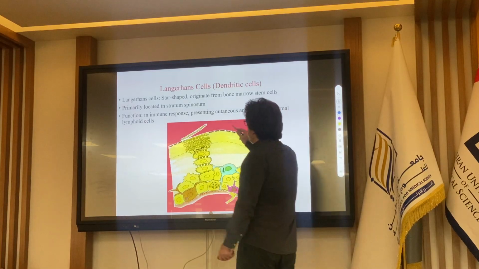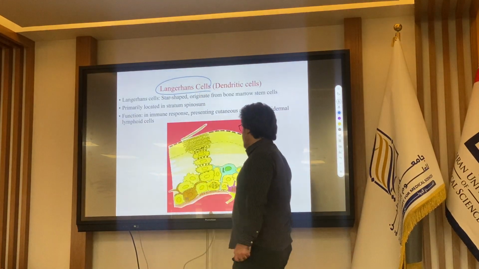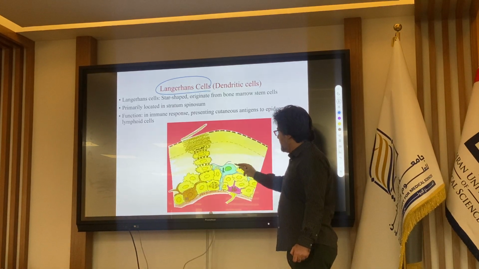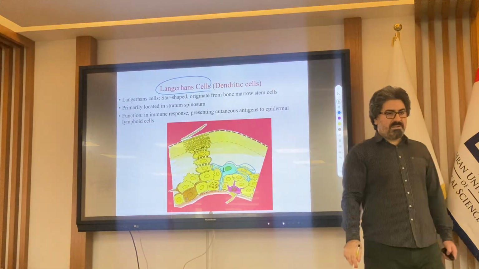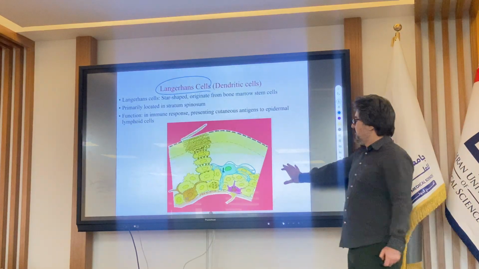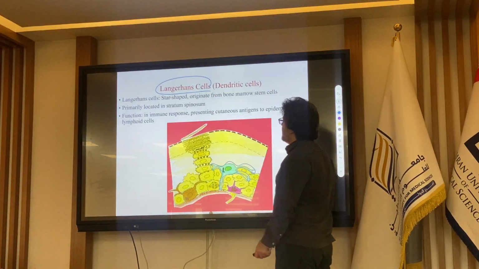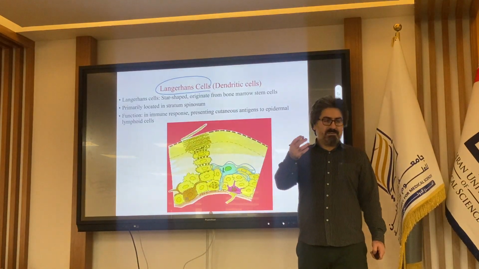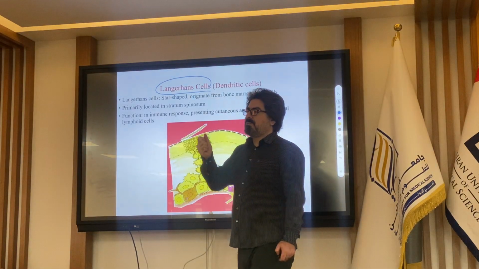Another cell that can be found in the epidermis is known as the Langerhans cell. This is a Langerhans cell. This cell can be found mainly in the spinous layer. What is the function of Langerhans cells? The Langerhans cell is similar to a macrophage. It absorbs antigen, for defense.